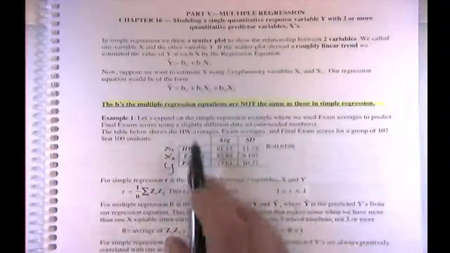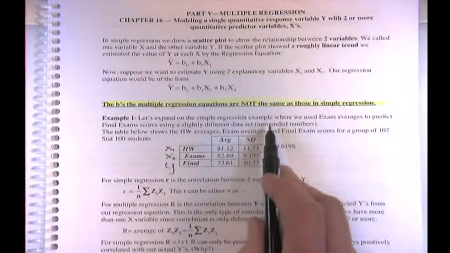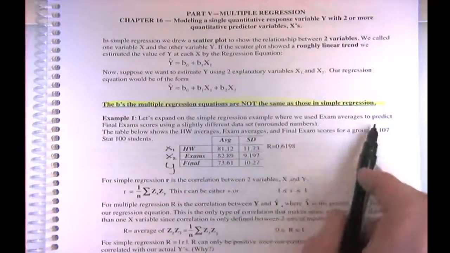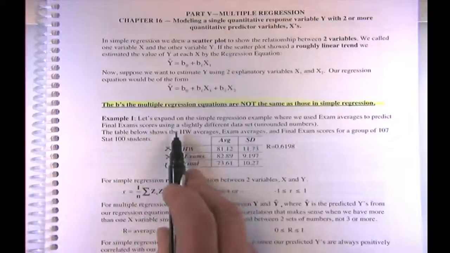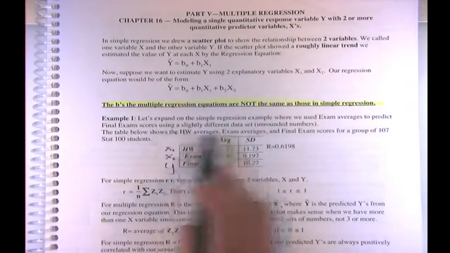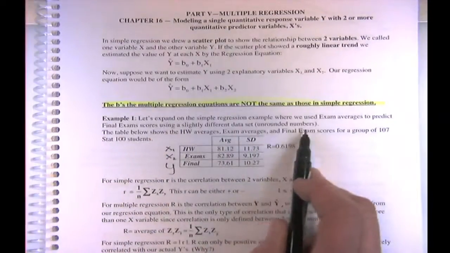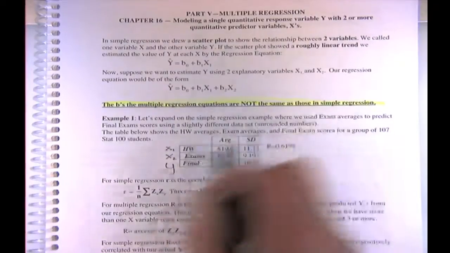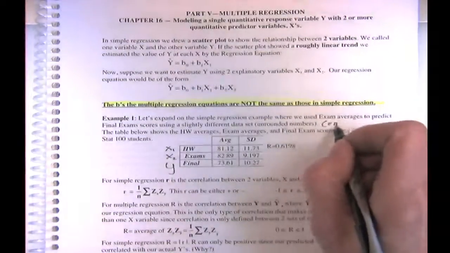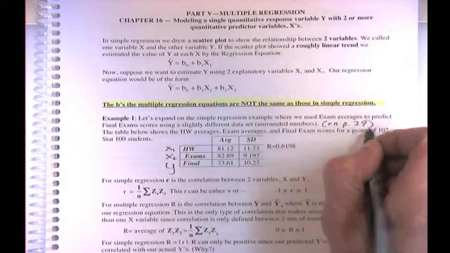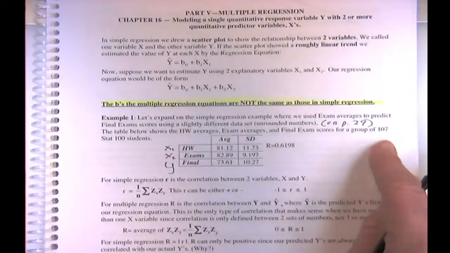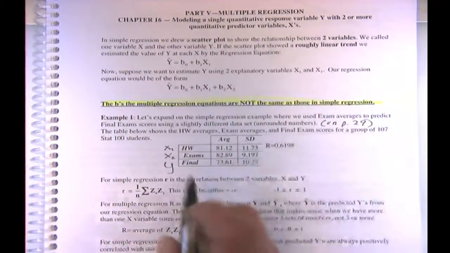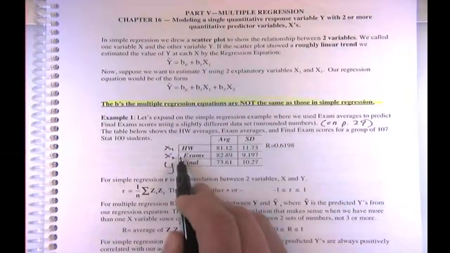So we're going to expand on that simple regression example. We used exam averages to predict final exam scores, but we're going to use a slightly different data set. We're going to use the unrounded numbers here. So if you want to look back, that was on page 29, where we just did the exams predicting the final, just 1 x predicting the final.